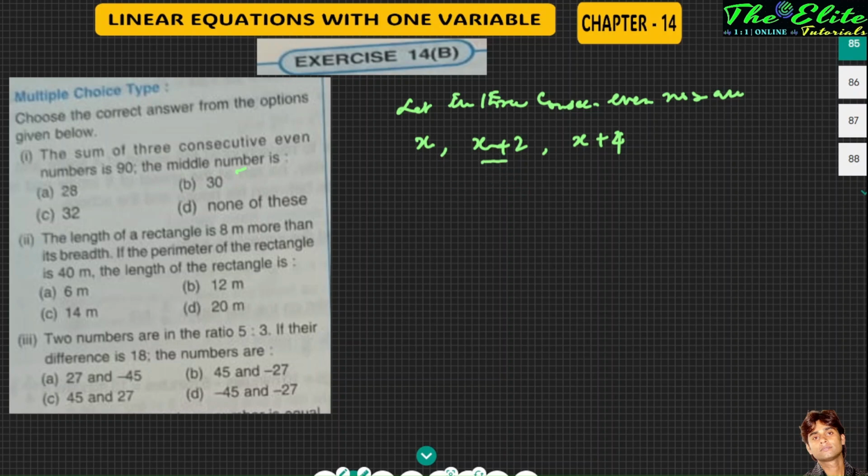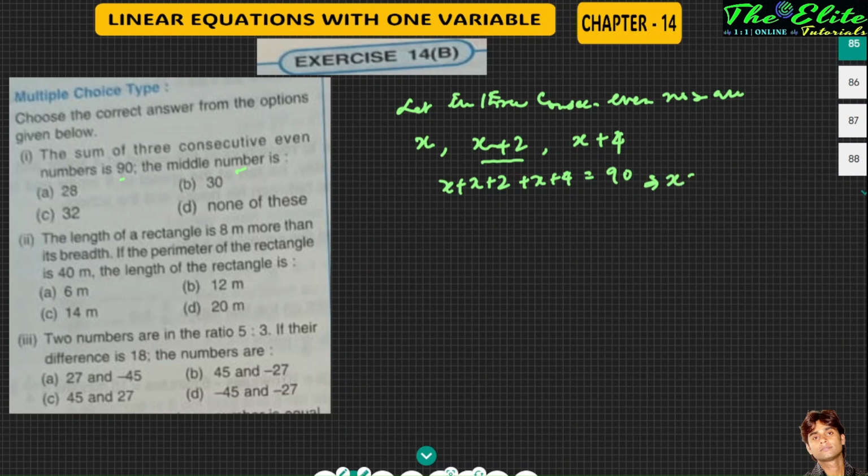You have to find what x plus 2 is, and as they have said the sum of them is 90, you just add all of them. x plus x plus 2 plus x plus 4 is equal to 90.